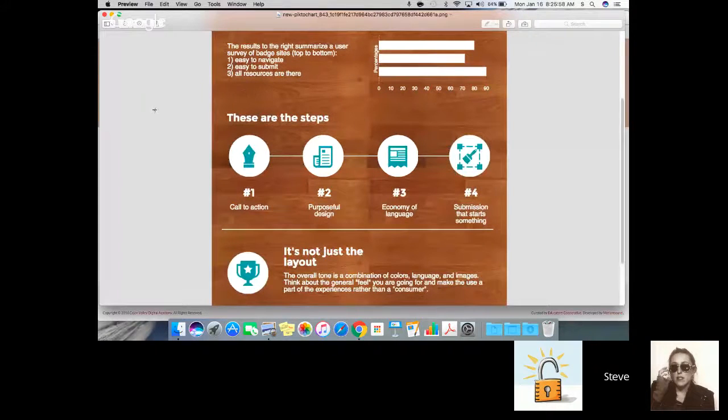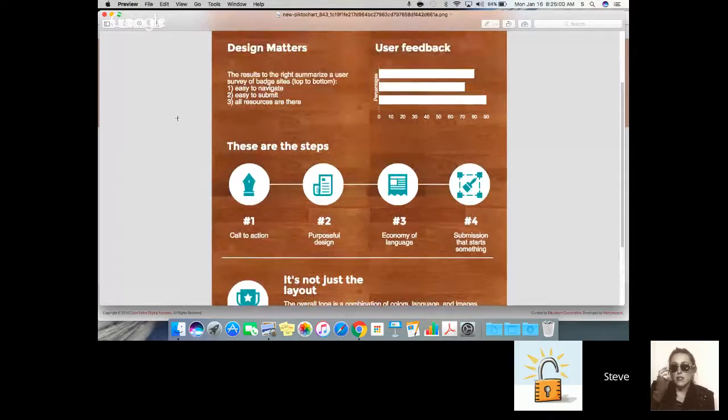Which is the perfect segue to the economy of language. So the idea here is that use exactly what needs to be used, exactly when it needs to be used. And every person has their own style when it comes to economy of language, but of course with web design, but really badge design in theory is a more efficient or a focused or a very clean, competency-based, mastery-based, proficiency-based way of thinking.